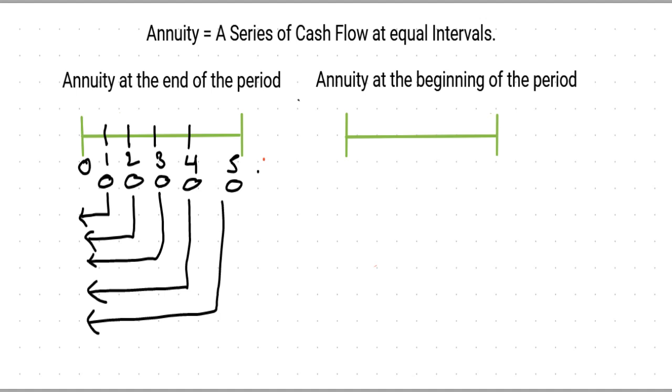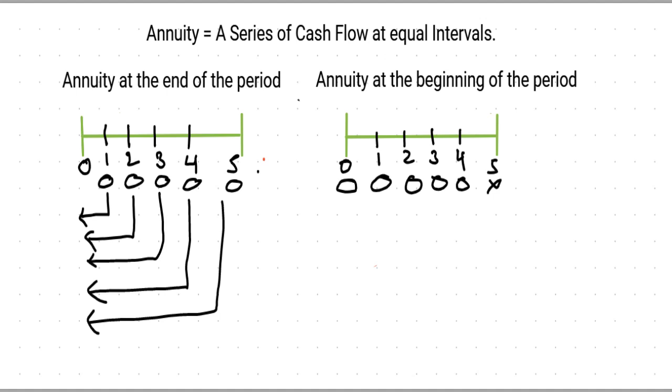But in the beginning of the period annuity, the annuity starts from time zero. The first annuity will occur here. So in the fifth year, in the last period, you will not receive any annuity.